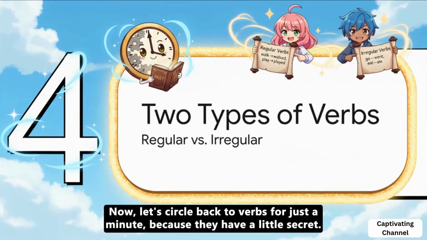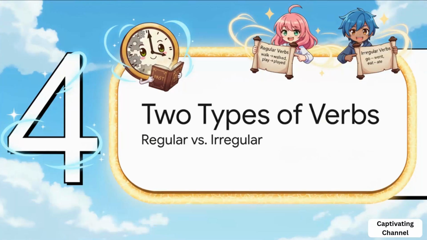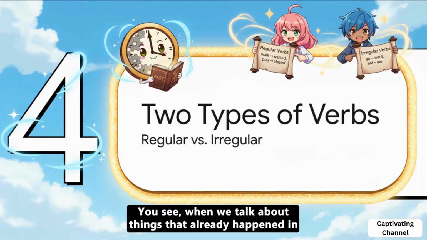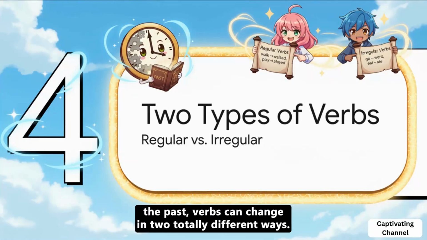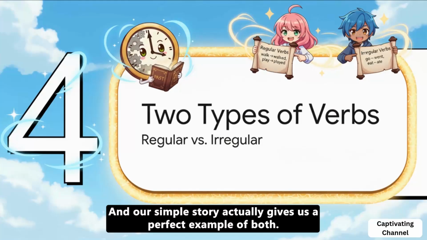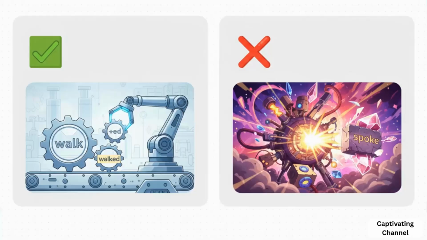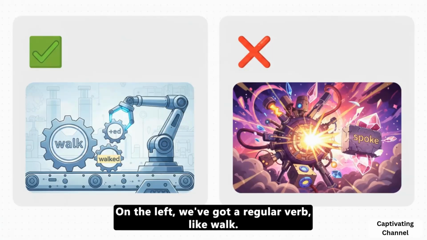Now let's circle back to verbs for just a minute, because they have a little secret. You see, when we talk about things that already happened in the past, verbs can change in 2 totally different ways. And our simple story actually gives us a perfect example of both. So check this out. On the left, we've got a regular verb like walk.